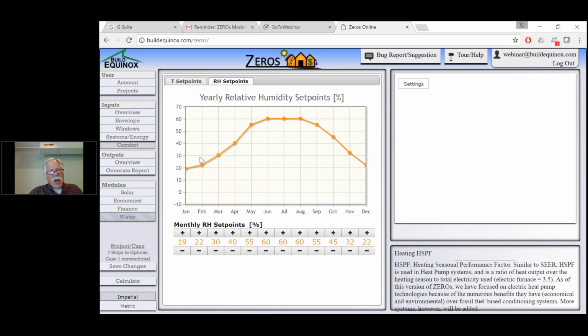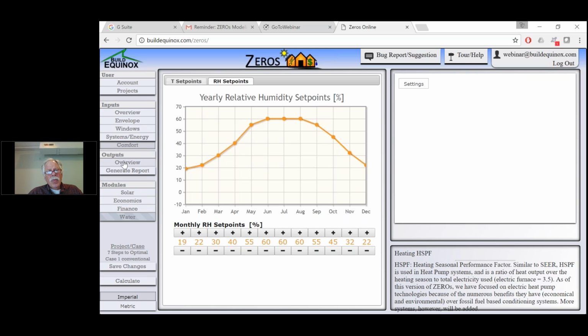You set the humidity, and typically we don't go much below 20%, just figuring 20% humidity in the winter is getting too dry, where dry skin and nosebleeds and things like that start becoming irritants, and then generally not above 60% humidity. But again, you're free to ramp it up or ramp it down in humidity and then see the energy impacts of doing that.